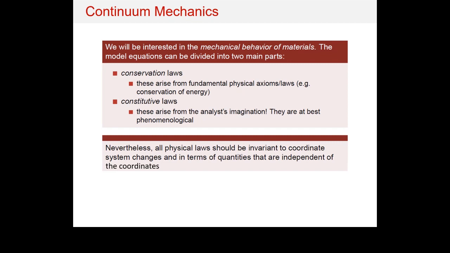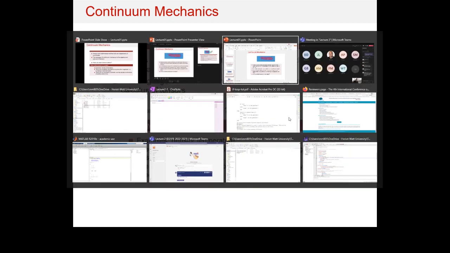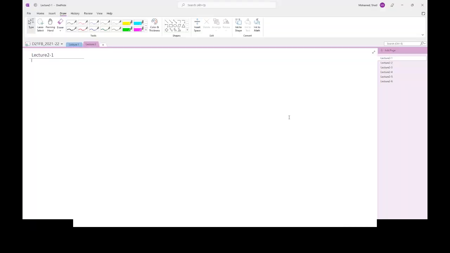So the first thing we need is to describe quantities that are independent of the observer. So I'm going to probably discuss this a little bit at length. Now, let us assume that we have a space that you are interested in studying, and we have some coordinate system.